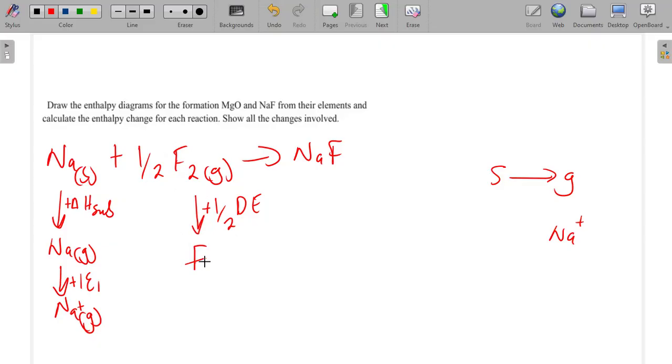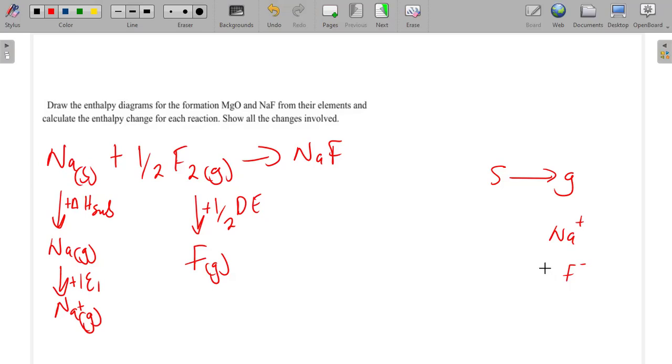Once we have our monoatomic fluorine as a gas, we can change it into an ion. Fluorine has 7 electrons in the outermost shell, so to form a fluorine ion, it needs to gain 1 electron.